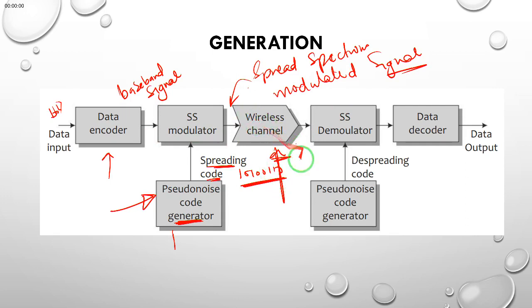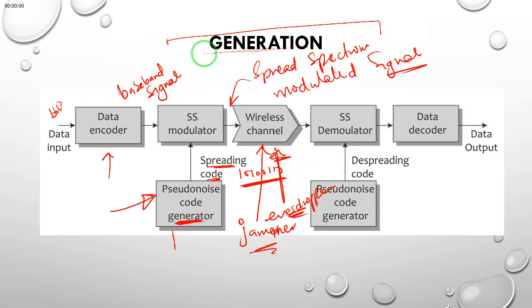Now if we have an eavesdropper here or a jamming signal here, as much as they want to detect or jam our signal so that we are not able to communicate with the intended receiver, they will see a signal that appears with a very huge bandwidth. They are not able to know the spectrum of our message signal.